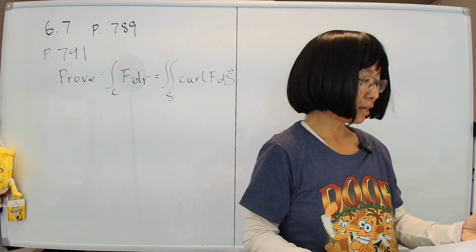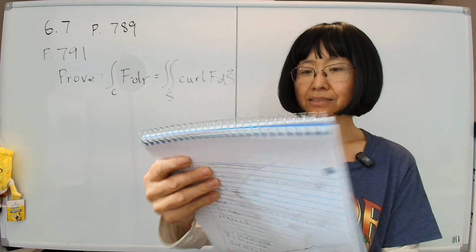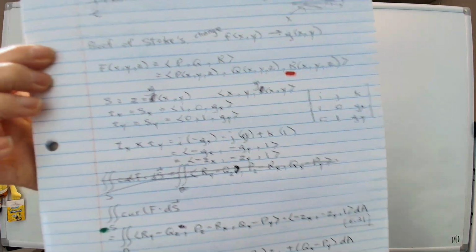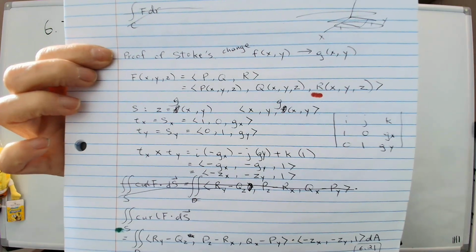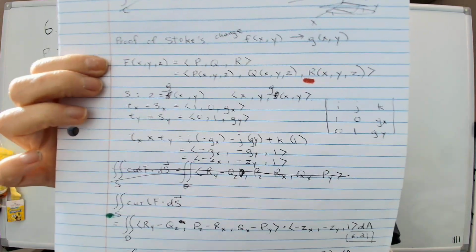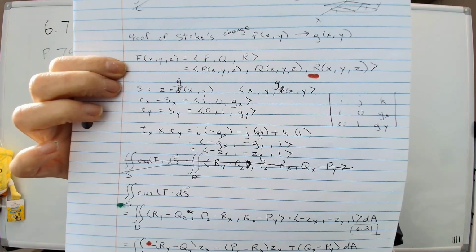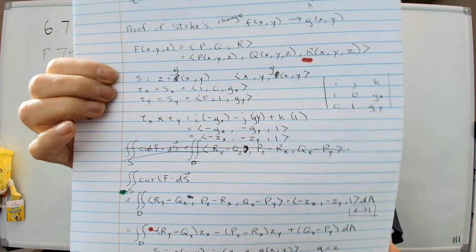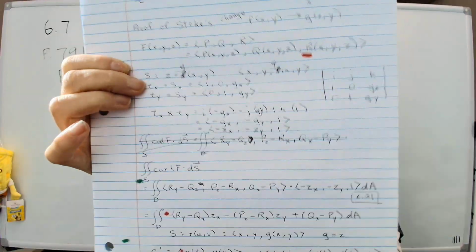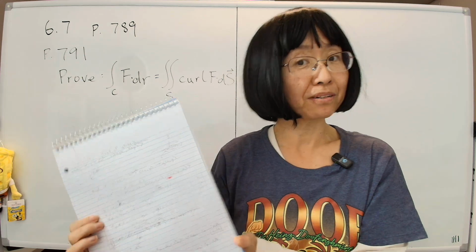So what we are going to do first is consider F. I have it written down here. Remember to change f to g. Next, F is defined as PQR. Remember PQR each has x, y, z in it. It's just a reminder. Don't mind the red dot; that's zipped through from the following page, which we will look at in a second.